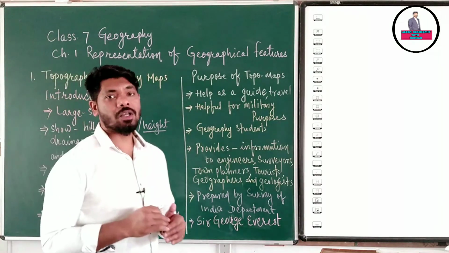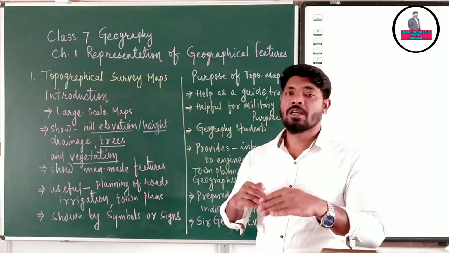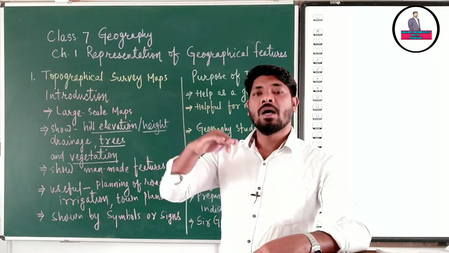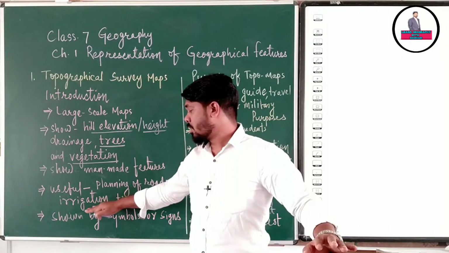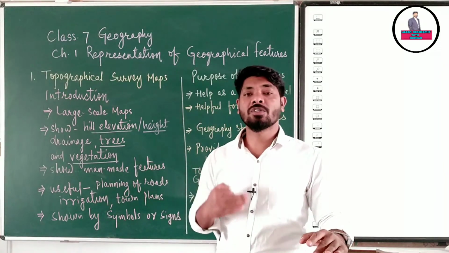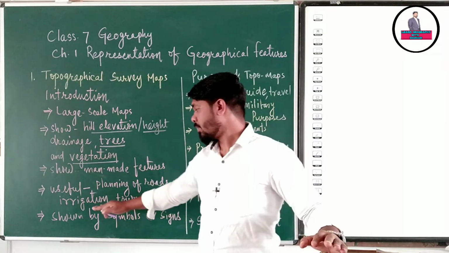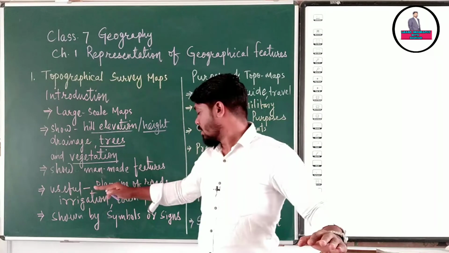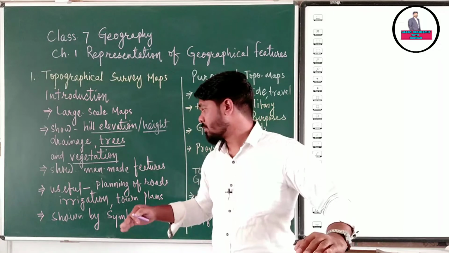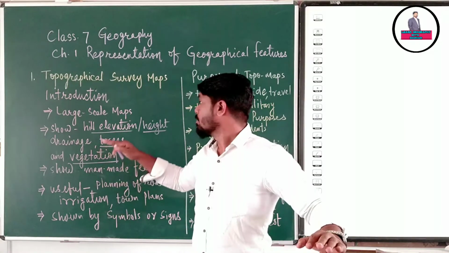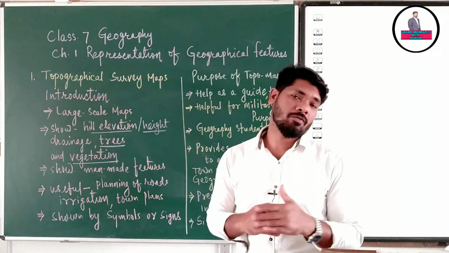So these topographical maps are very useful for planning the construction of roads, whether the area is elevated, a bit highland or lowland, and for the construction of irrigation, the canals or artificial supply of water to the agricultural fields. Irrigation facilities are constructed for the areas where cultivation is done, and they are planned by looking at the topographical map.